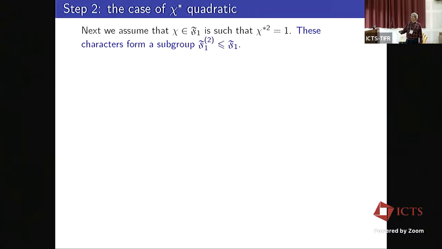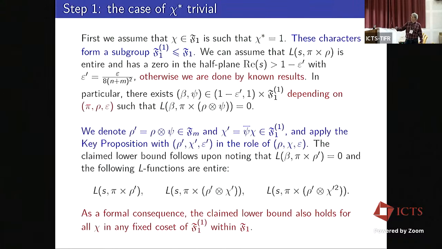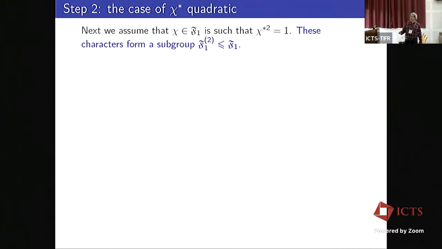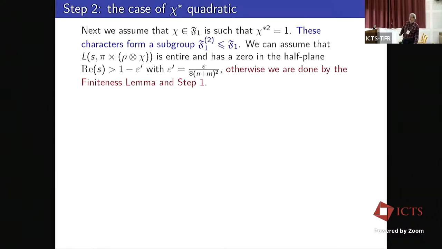So if in this step 2 we encounter a pole for L_S of pi twisted by rho twisted by chi, then chi is constrained to finitely many cosets of the previous subgroup defined by chi star equals 1. Because having finitely many choices for chi star is the same as chi lying in finitely many cosets of the subgroup defined by chi star equals 1. It's just simple group theory.